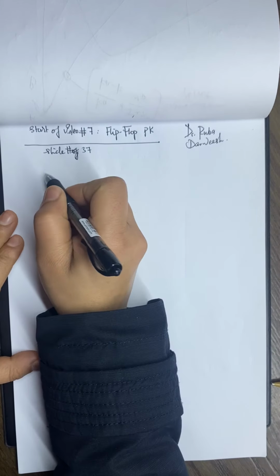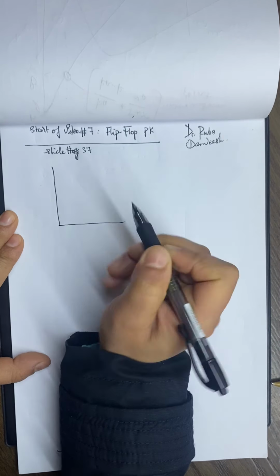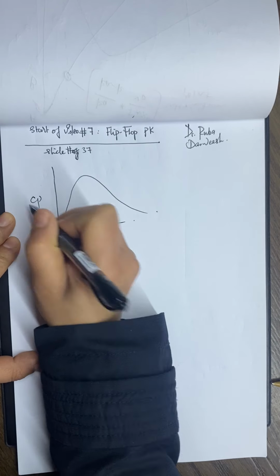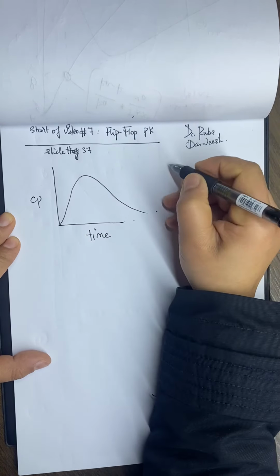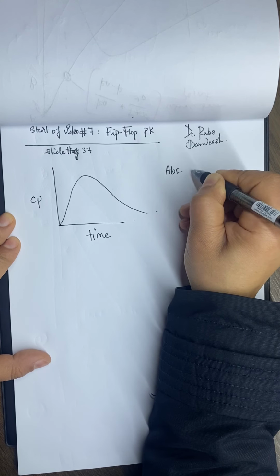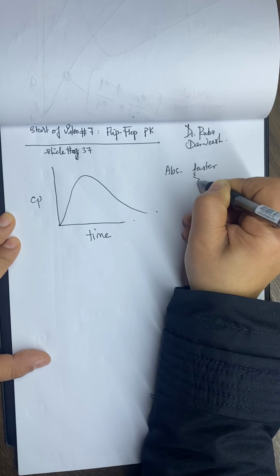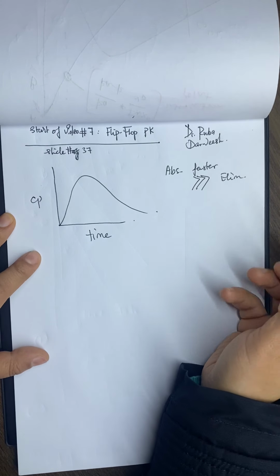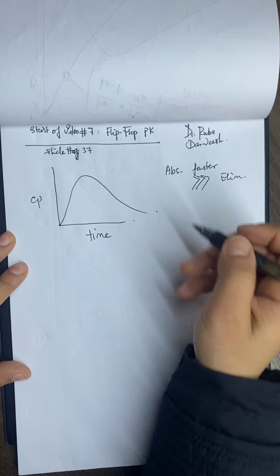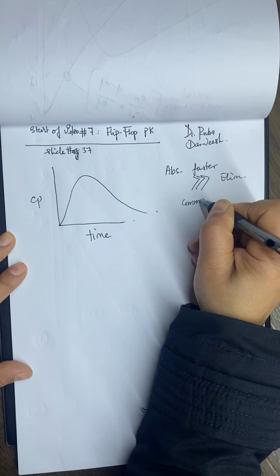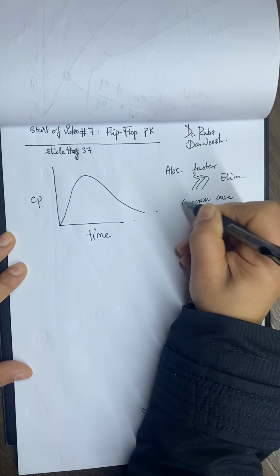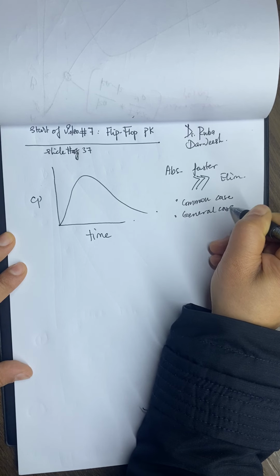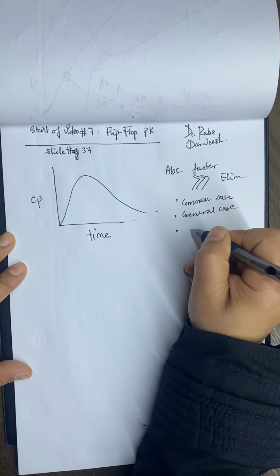Usually, we said that according to the general case, Cp versus time, the absorption is faster than the elimination as a process, which is a common case in kinetics, or we call it the general case, or the conventional case.